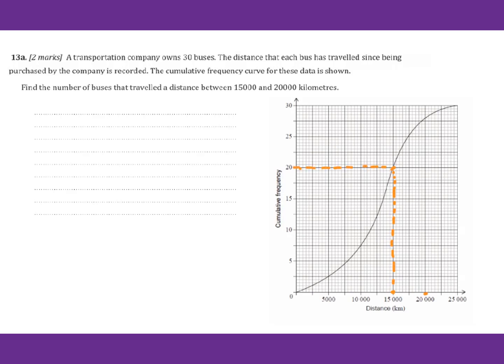And this point, for each, this will be 0.5. Therefore, you will get, here's 1, 2, 3, it's 28. 28 minus 20, you will get 8.